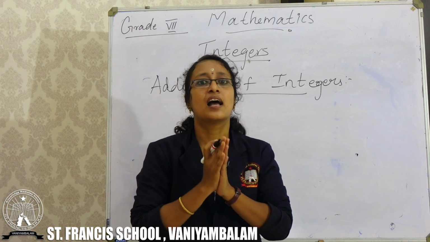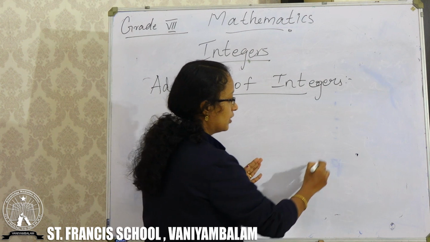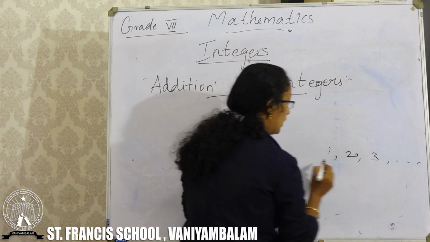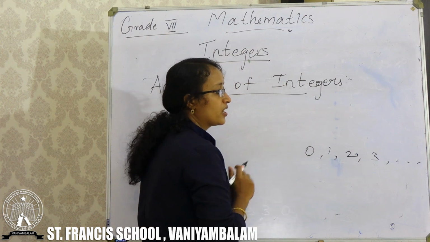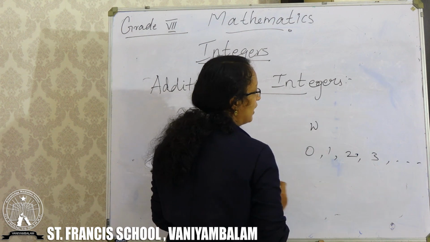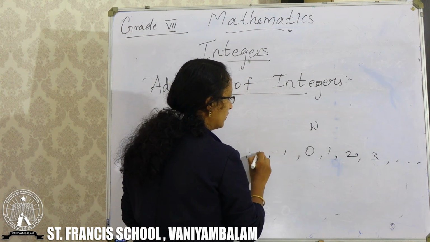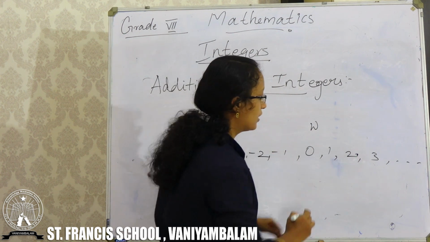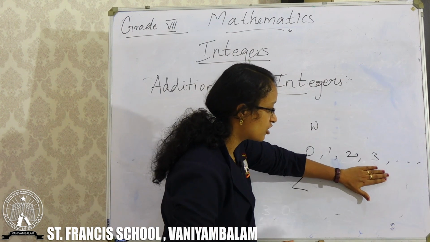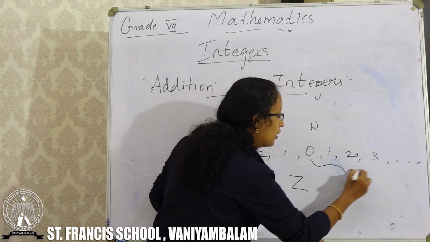Natural numbers and 0 are your whole numbers. 1, 2, 3 are your natural numbers, and including 0 with your natural numbers is your whole numbers, and including negative numbers with your whole numbers is your integers. Got it?